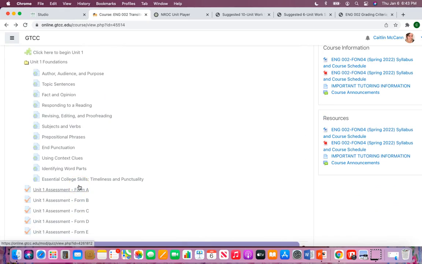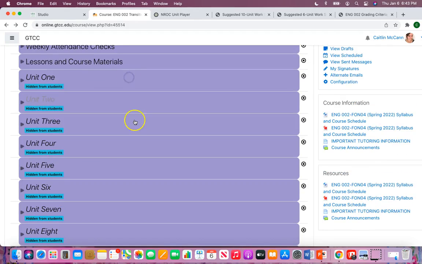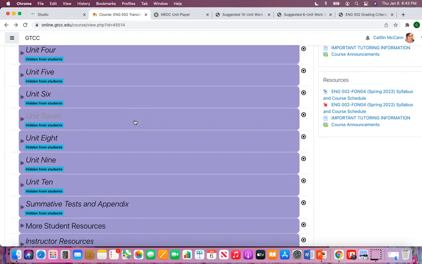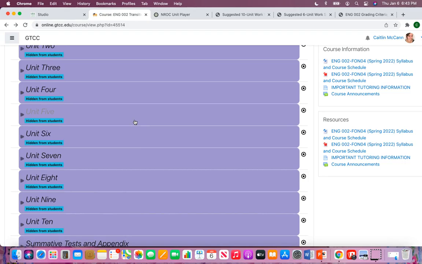The assessment will remain hidden until I give someone the password to it. So you may be able to see an assessment while you're working in Unit 1, but you won't be able to access it until I give you the password, okay? So that covers it for the Moodle tour.